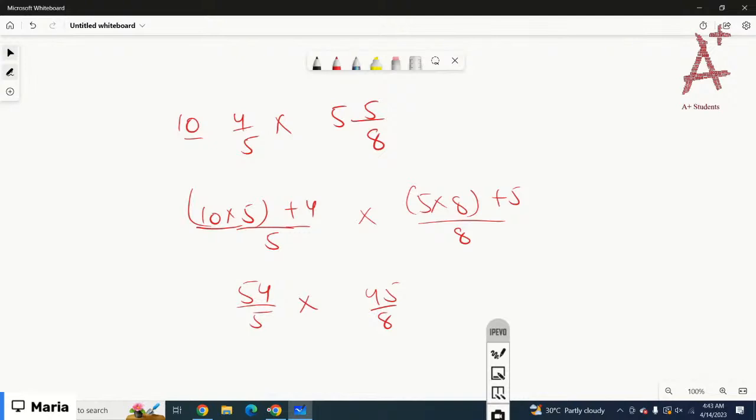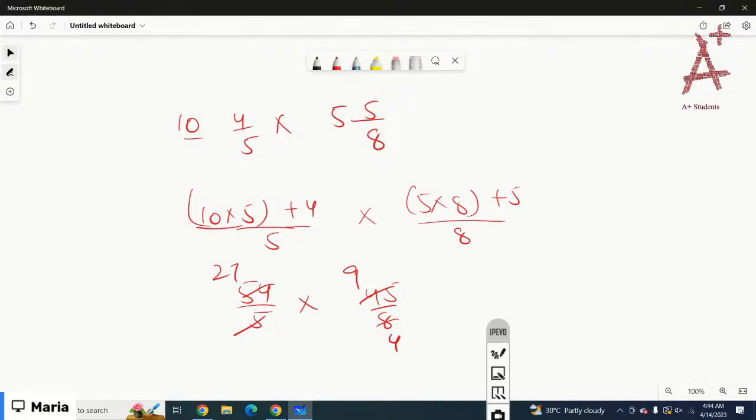You can divide 45 by 5. 5 times 1 is 5 and 5 times 9 is 45, isn't it? You can also divide 8 and 54 by 2, because 2 times 4 is 8 and 2 times 27 is 54.